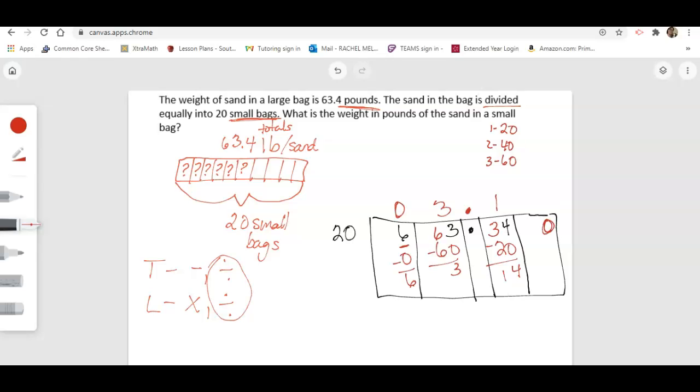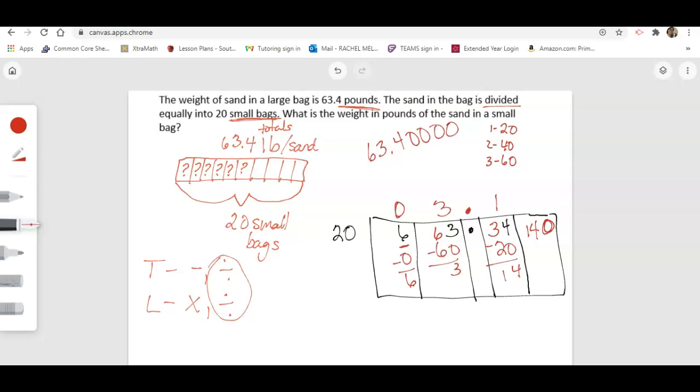Remember, if I do this 63 and 4/10, I can still add as many zeros as I want. As long as it's just zeros and not another digit, I'm not changing this value. That's why I can add another column with a 0, so that now I can take this 14 and make it really into 140.